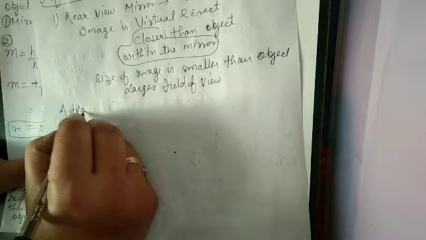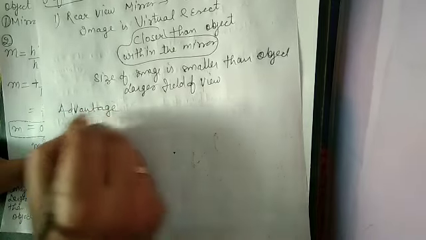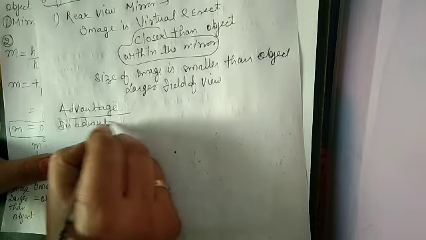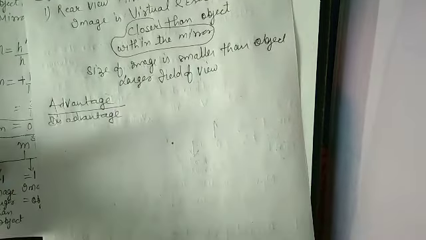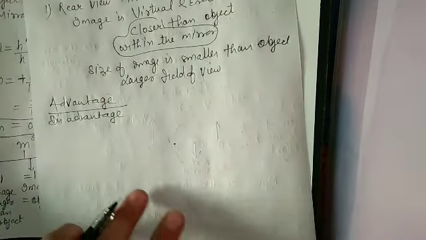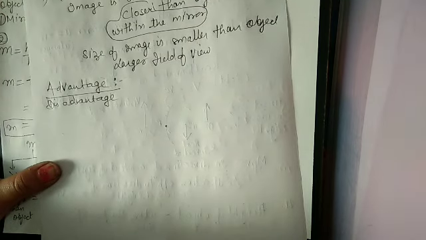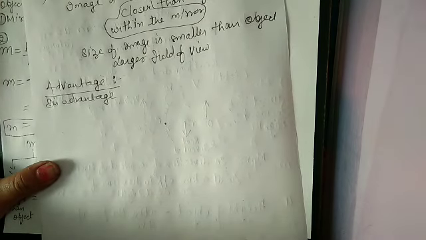So if I ask what are the advantages and what are the disadvantages of using convex mirror as a rear view mirror in vehicles, what will be your answer? Pause the video, think a while, self assess whether you can respond or not.